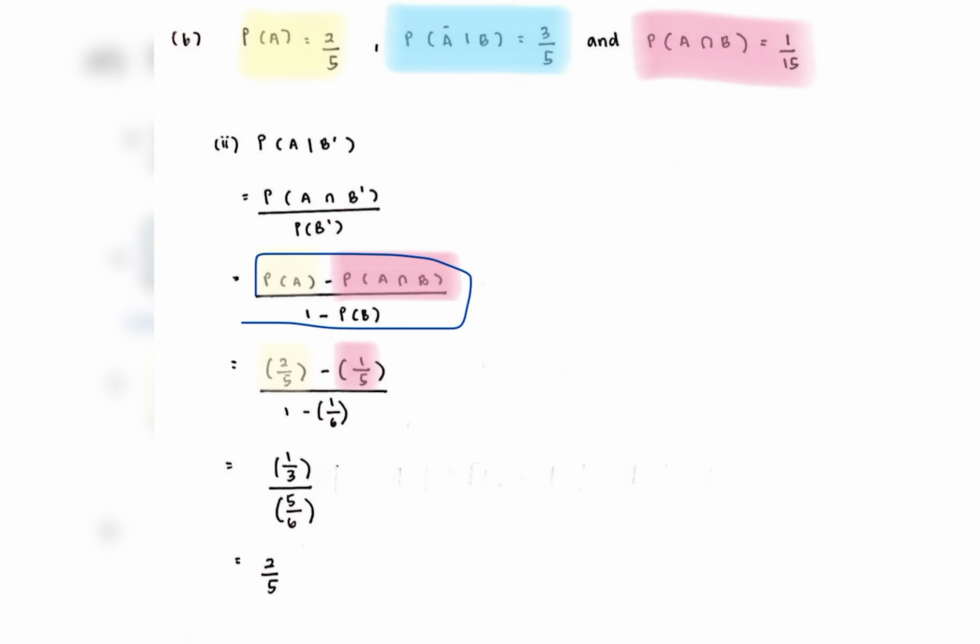We also can substitute the probability of B that we got from the answer to question 4B Roman 1, which is equal to 1 over 6. After we calculate, we get the probability of A given B' is equal to 2 over 5.